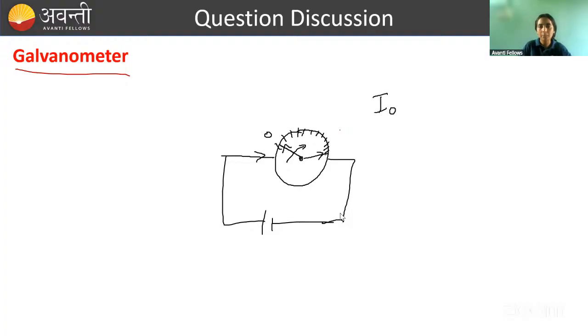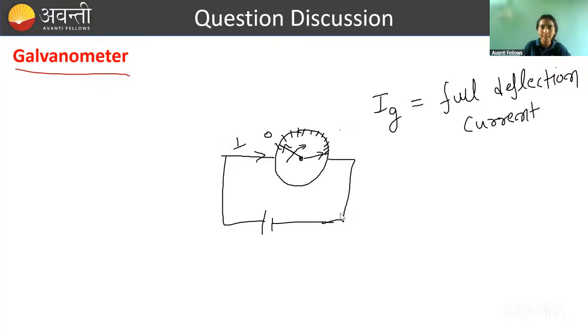That gets indicated by IG. So IG हम कहते हैं इसको, this is full deflection current. Full deflection current कहने का मतलब current which is capable of bringing out full deflection inside the galvanometer. But when not sufficient current is there, let's say this current I that is flowing through the galvanometer, I is less than IG, then full deflection will not occur. Maybe your scale will remain somewhere here. And accordingly, it will tell how much current is flowing through the galvanometer.